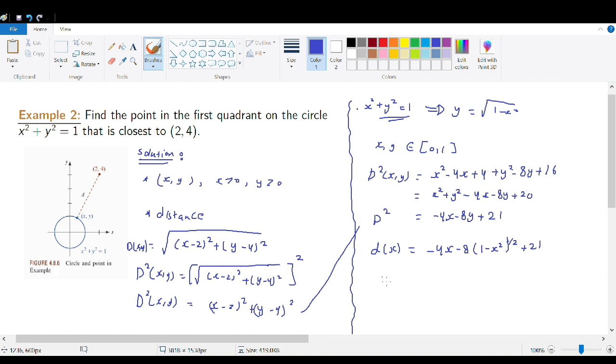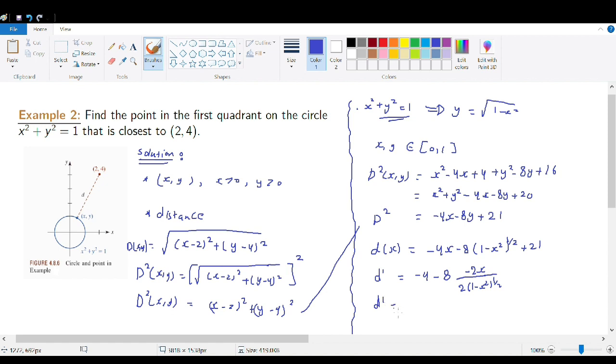Now to find the critical numbers, we need to differentiate this function. So d prime will be equal to minus 4 minus 8, and the derivative of this one will give us 1 over 2 multiplied by 1 minus x squared to the power half, and the derivative of 1 minus x squared will be minus 2x. The derivative of 21 will be 0.